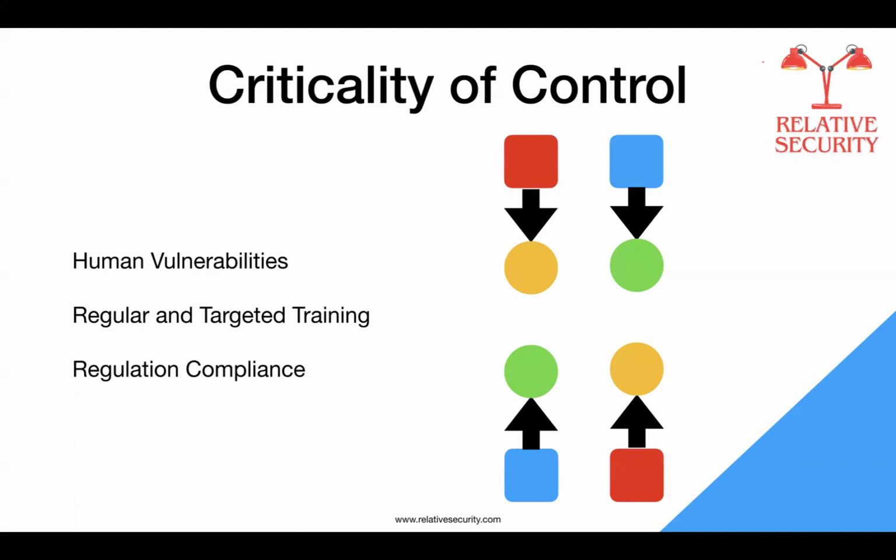Regulatory compliance plays a crucial role in shaping an organization's cybersecurity practices and ensuring adherence to industry standards and legal obligations. Therefore, training programs should incorporate relevant regulatory requirements such as GDPR, HIPAA, or PCI DSS to educate employees on their obligations and responsibilities regarding data protection and privacy.